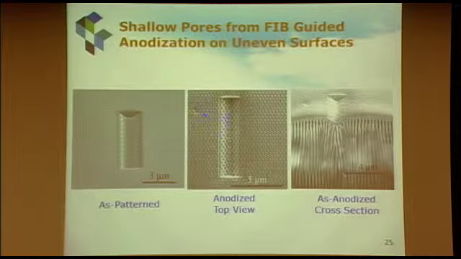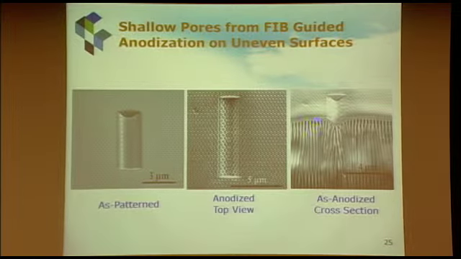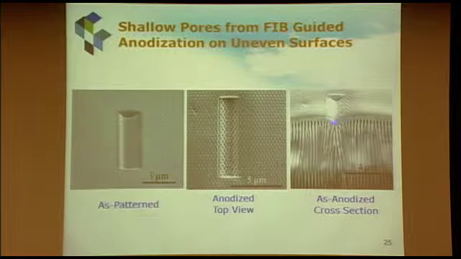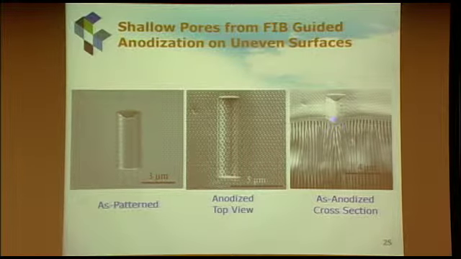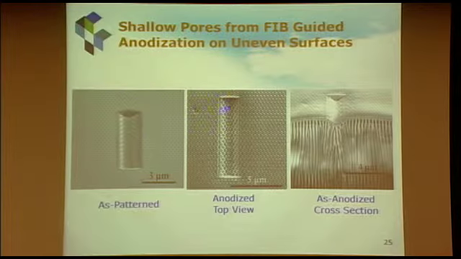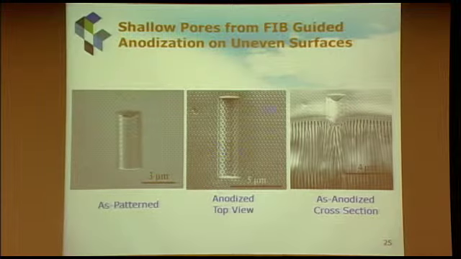So if you do it on an uneven surface like this, for this we actually have shallow pores. When we say shallow, we mean that the depth direction is pretty shallow. We have measured the distance. But you see at the beginning, these pores tend to grow first. This is the patterned surface. This is after anodization, and this is the cross-section of the surface.